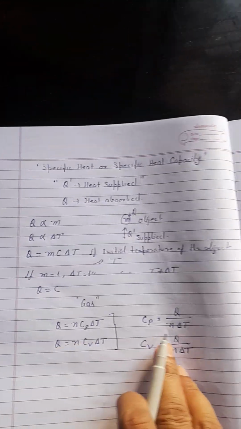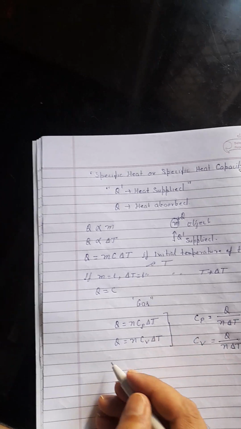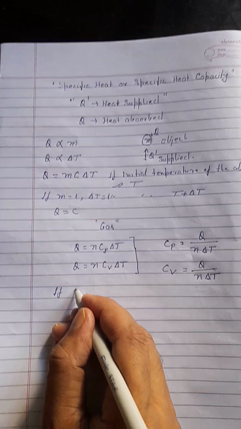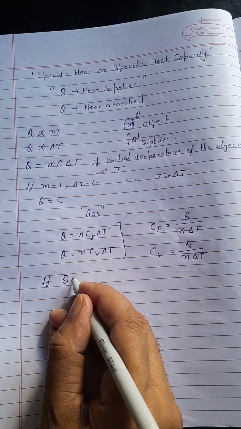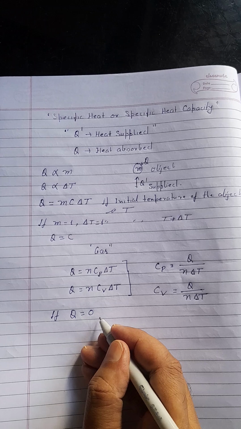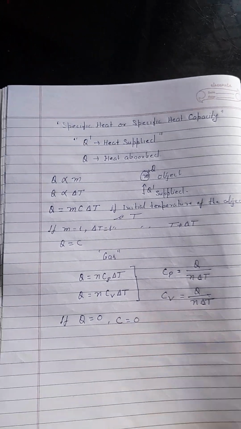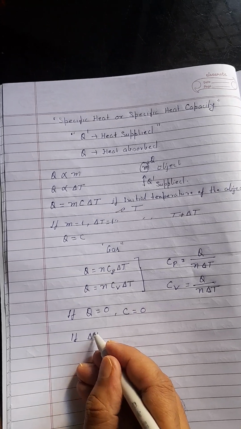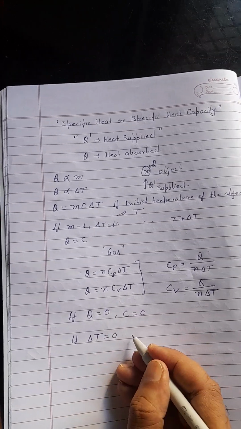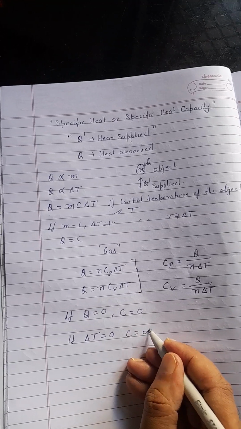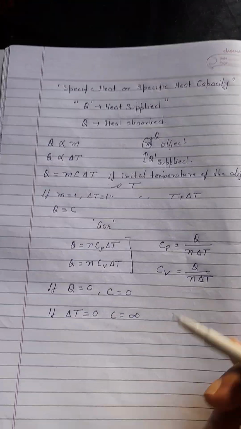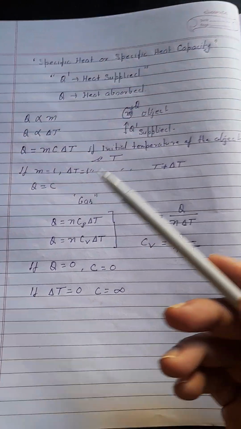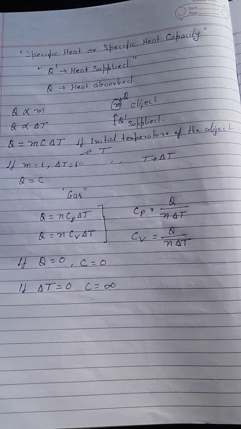If in a gas there is no heat supply, it means Q is equal to 0, then C is equal to 0. If in a gas the temperature drop is 0, then C is equal to infinite. It means we can say in the gas, the value of the specific heat varies from 0 to infinite, right?